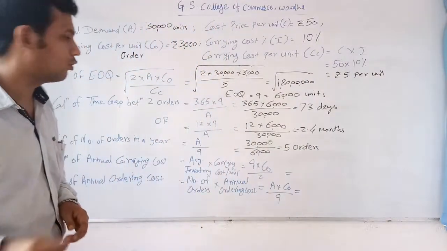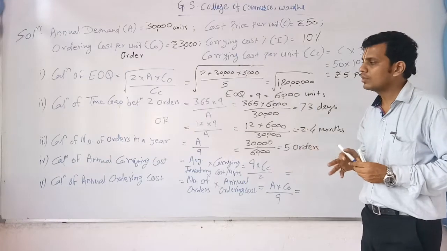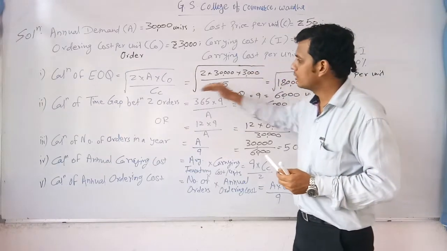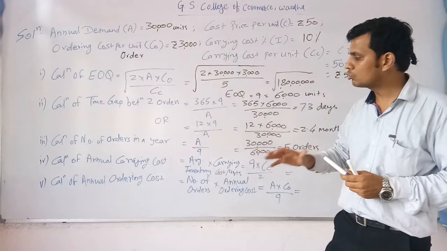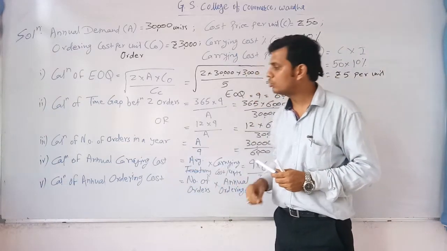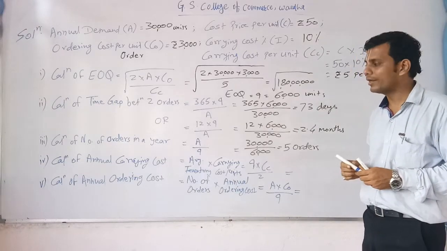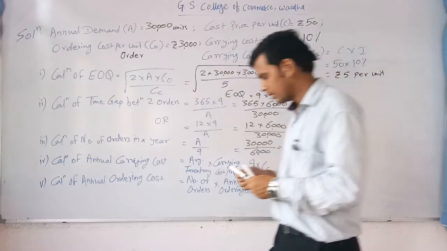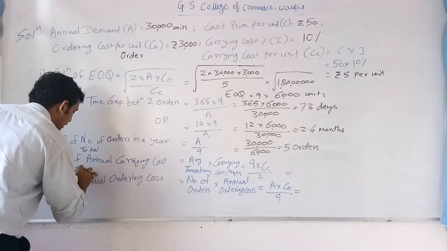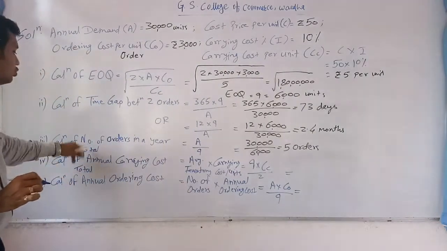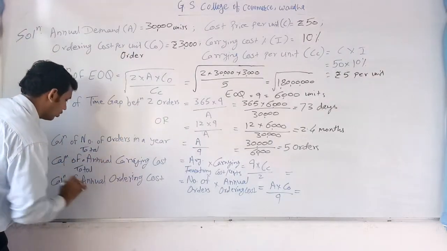In the last question we formed only 3 parts, that is EOQ, time gap between 2 orders, and number of orders in a year. In this question two more things are added, that is calculation of total annual carrying cost and calculation of total annual ordering cost. We would write it for more clarity.